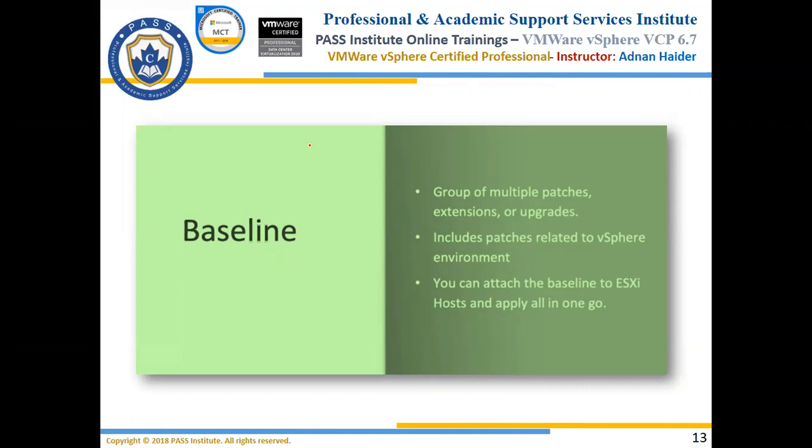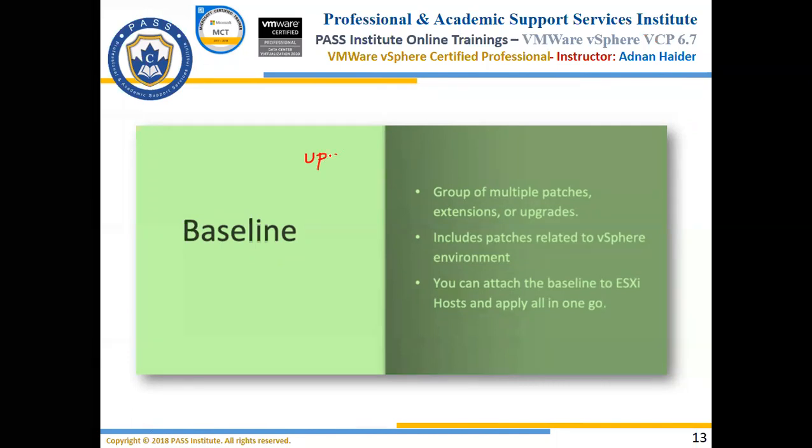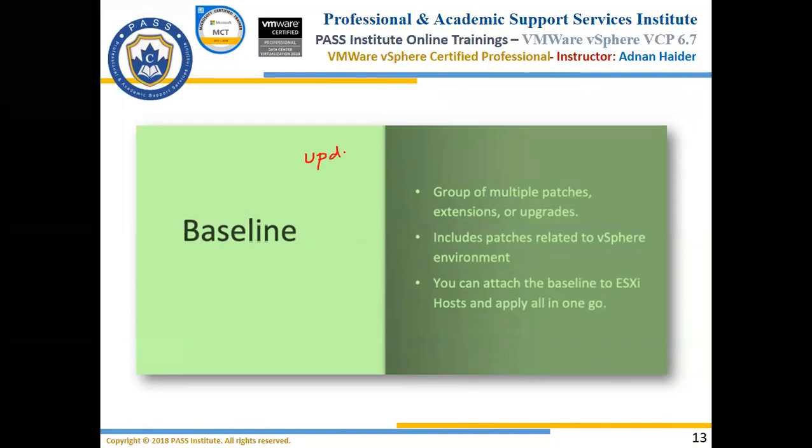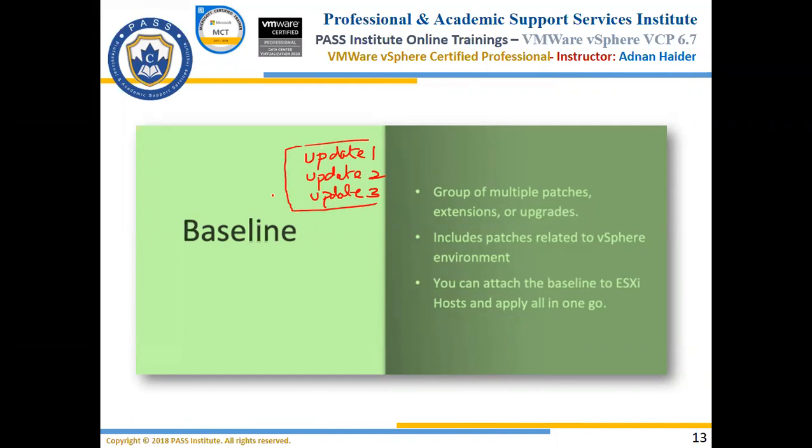So let's say for this week, I have three updates to be sent to all ESXi hosts, update 1 and update 2, just like in Windows Update. Let's say these three updates are released this week from VMware.